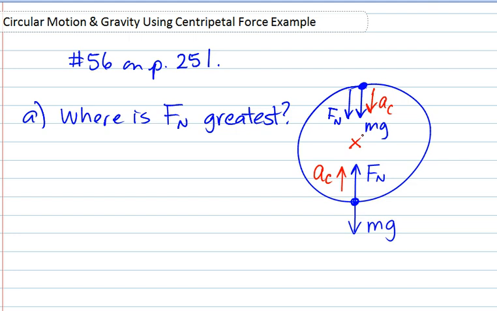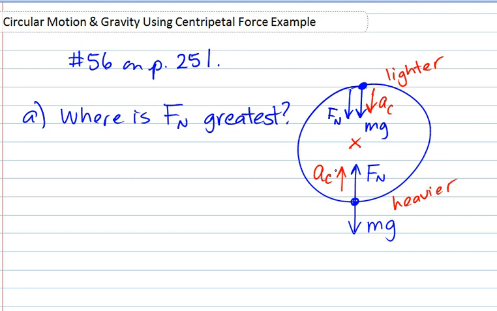So the question is, where is the normal force greater? If you think about your experience on a roller coaster, you might realize that when you're at the top you feel a little bit lighter, and when you're at the bottom you feel a little bit heavier.